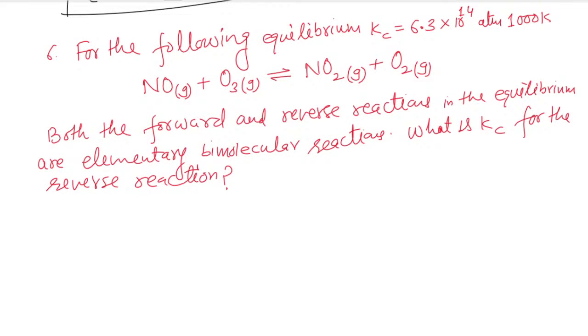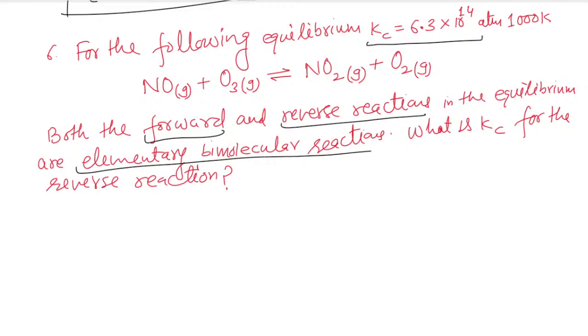Next question, question number 6. Say for the following equilibrium Kc is given for the forward reaction, right? Now both forward as well as backward reaction, means reverse reaction, are elementary bimolecular reactions. See, elementary means one step reaction.